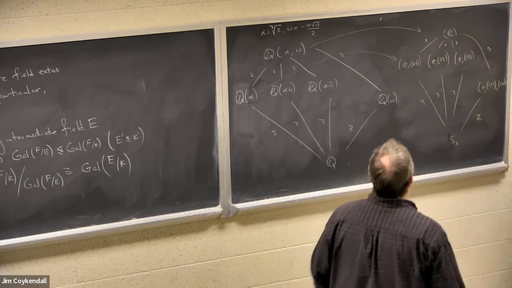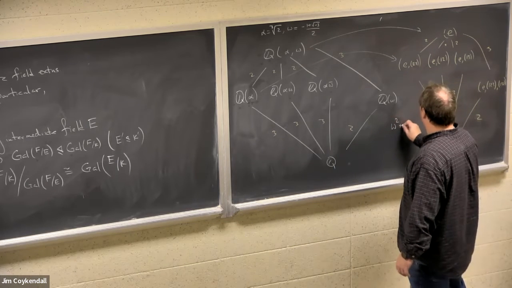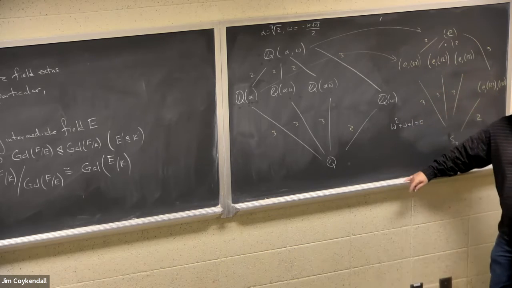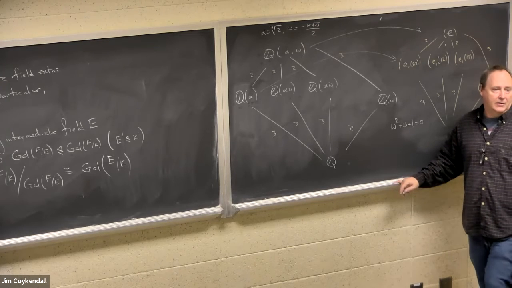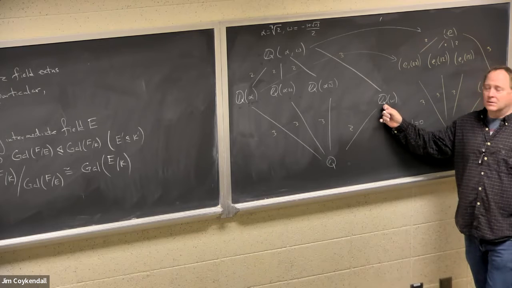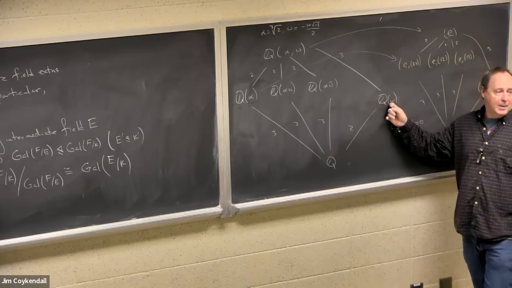Because think of it this way. Here's an easy way to think of this. Omega is a root of that quadratic polynomial. The only automorphisms of Q omega have to send omega to itself or the other root of this, which is its complex conjugate. Right? So there's two automorphisms of this thing right here. The identity and then the automorphism that takes omega to omega bar.